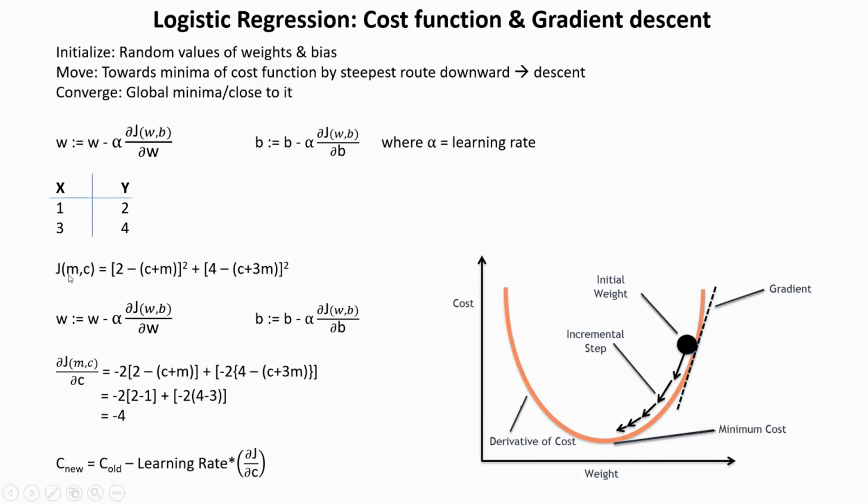Then you define your cost function. The cost function is the summation of your loss function. If this is the form of your loss function, the original y minus the equation of y, that is mx plus c, then substituting the values of y and x from the first case as well as the second case, you get your total cost function. This expression is clear, right?